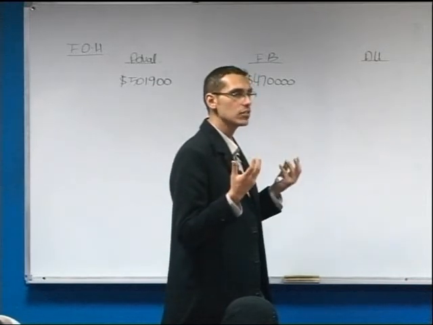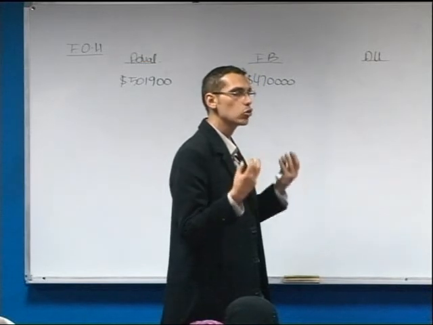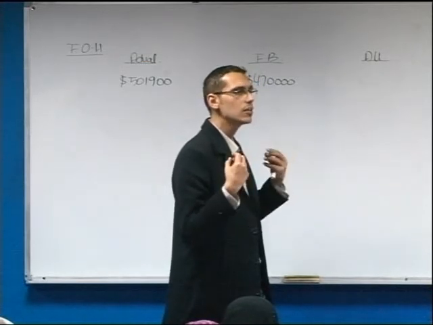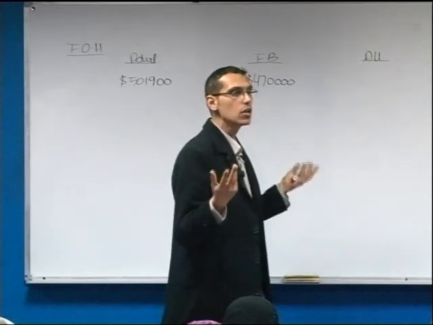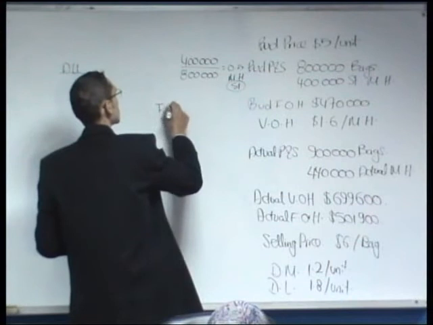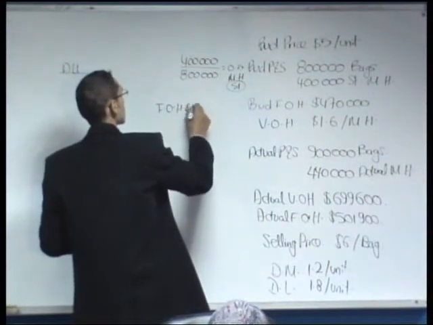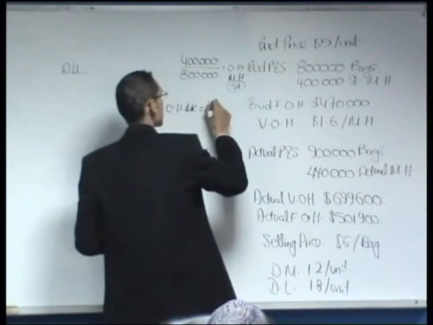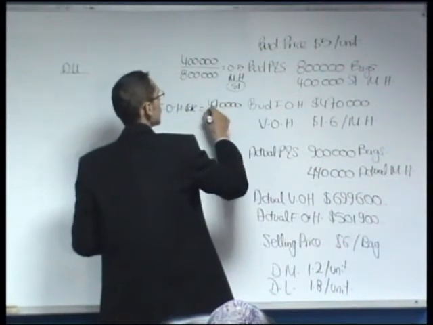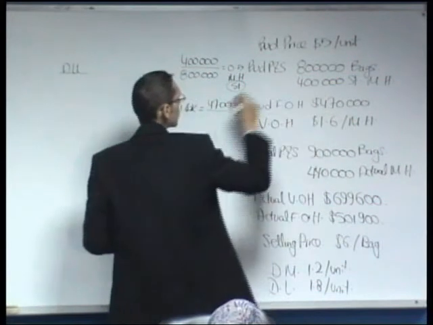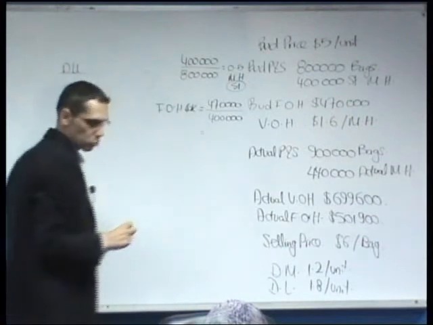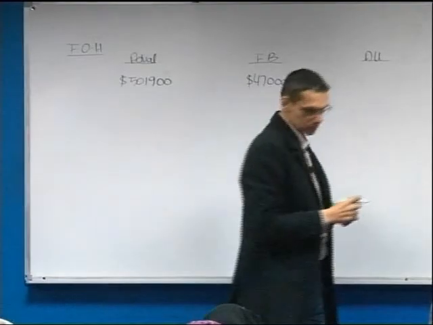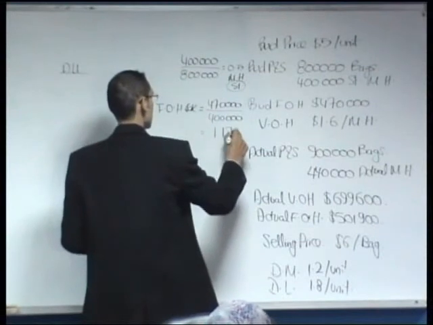In order to calculate the budgeted allocation rate, we need to divide the budgeted cost pool by the budgeted total number of units of the allocation base. Therefore, the cost pool in this case is the 470,000 divided by the total number of machine hours, which would equal 1.175.